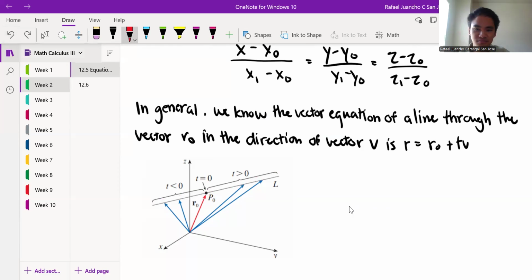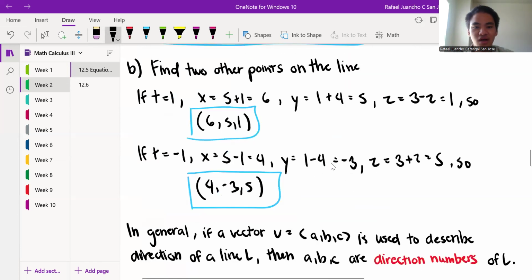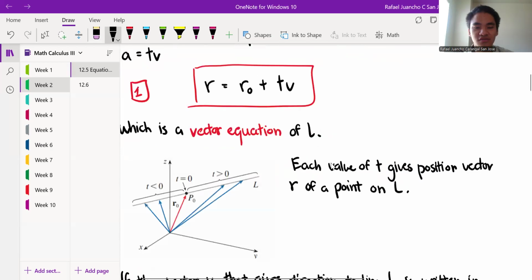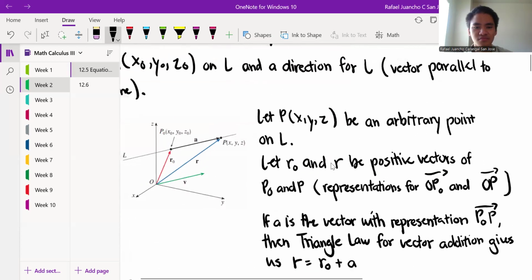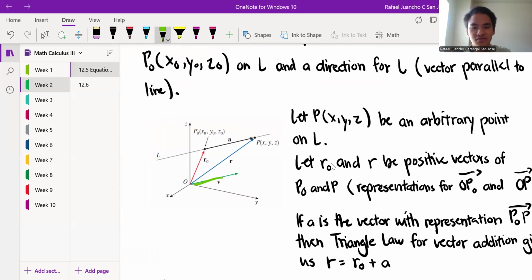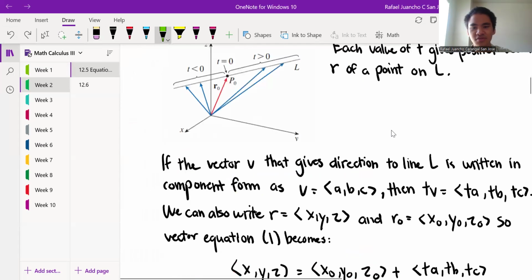This line L, in the direction of vector V. Vector V is from a previous visual somewhere. Let me check if I can find it. Oh, there you were. That's vector V. So it's something parallel.